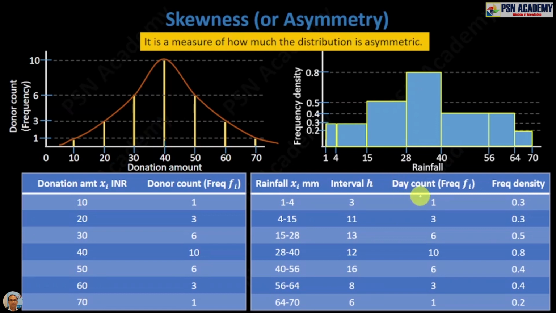Now we can clearly see that the day counts were symmetric. See, this one is 10, here is 631 and on the other side you have 631. But when you have this frequency density, that means the rate of day count per millimeter, then the distribution becomes asymmetric, right? Well, we now have enough idea to deal with the measures of skewness.